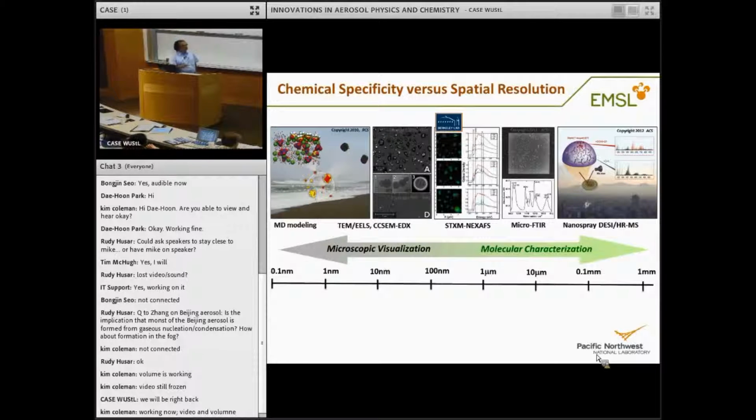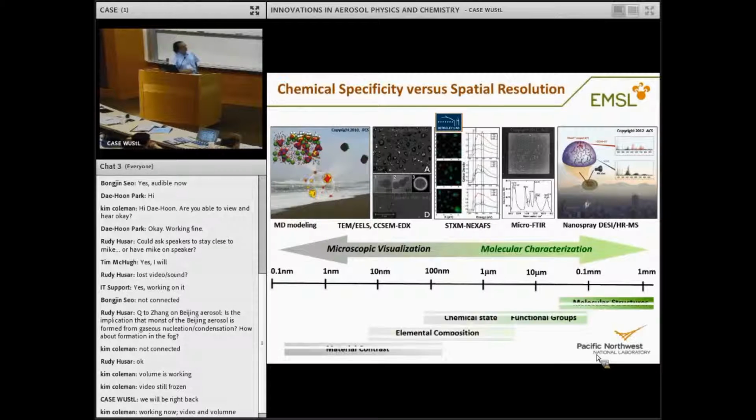So the approach is, of course, to try to apply as many techniques as possible and learn as much as possible about these properties of the aerosols. With these techniques, on one side, we get material contrast and elemental composition, chemical state, and mixing state of individual particles, and then molecular level characterization of complex organic matter.